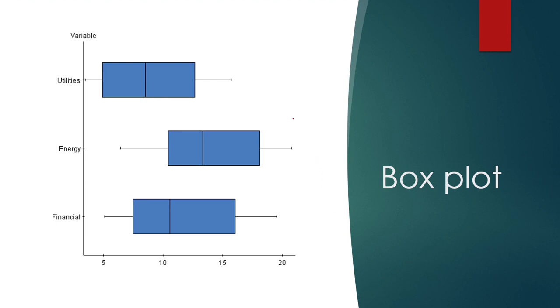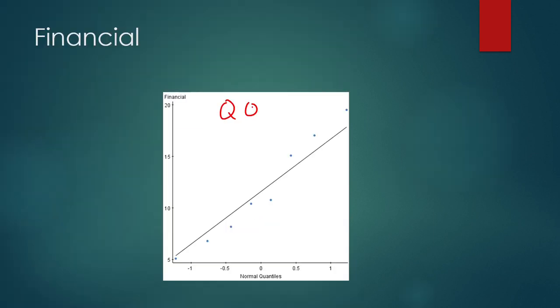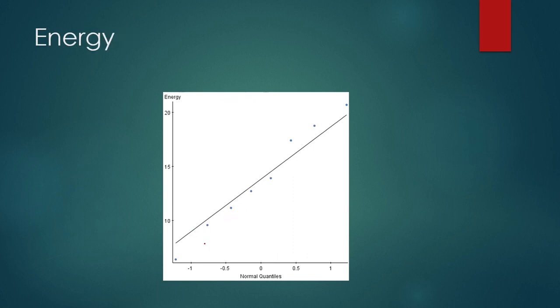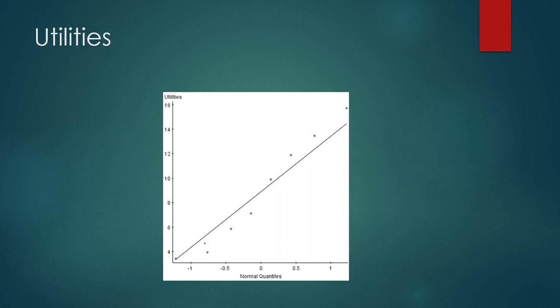We could look at the box plot also, and the box plot indicates that there are no outliers, so that part of the condition is also met. The QQ plot for the financial sector looks approximately linear. The QQ plot for the energy sector looks linear as well. And that also includes the utility sector. So all of the conditions are met. We can try the problem.